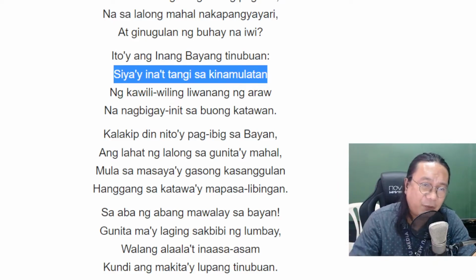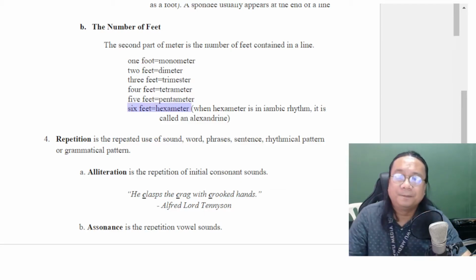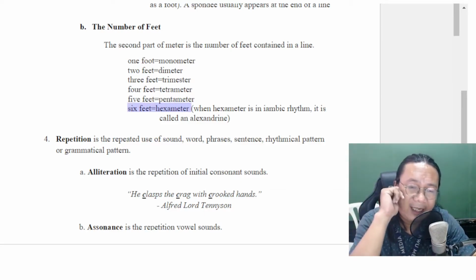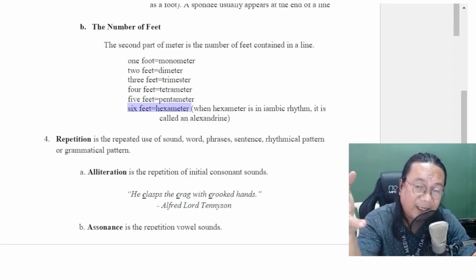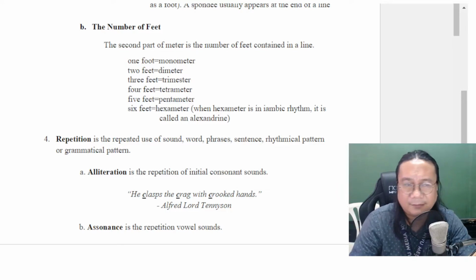So he's using a 6 feet hexameter. Dahil bawat linya na ay gumagamit ng 6 feet, and then 6 feet, and then at the same time it's in line. Okay, so rhyme scheme.